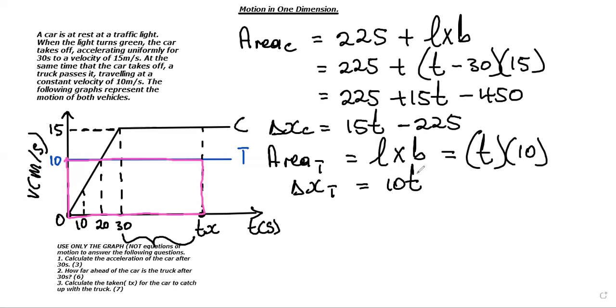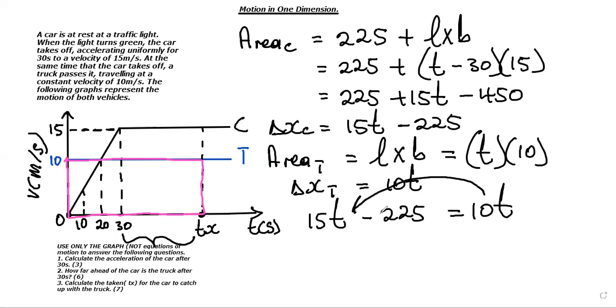But we said in order for the car to catch up with the truck, the 2 displacements must be equal. So then we equate them. So you say 15t minus 225 equals 10t. Then you take 10t to the left, it becomes negative. You take 225 to the right, it becomes positive.